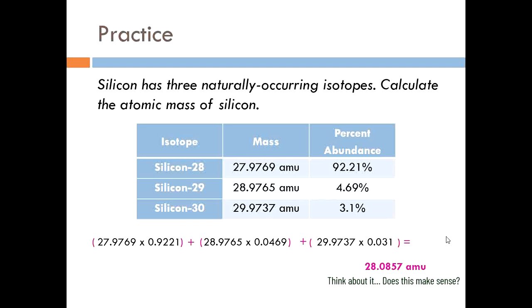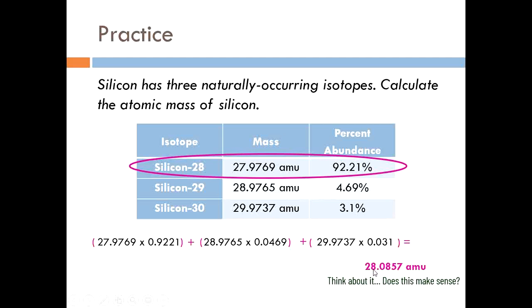Now, let's think about it. Does this number make sense? Well, take a look at the percent abundances of each isotope. Which one is the most abundant? Silicon 28. In fact, it's 92% abundant, right? And so, does this number make sense? Does it make sense that the average atomic mass is really closest to 28.08?